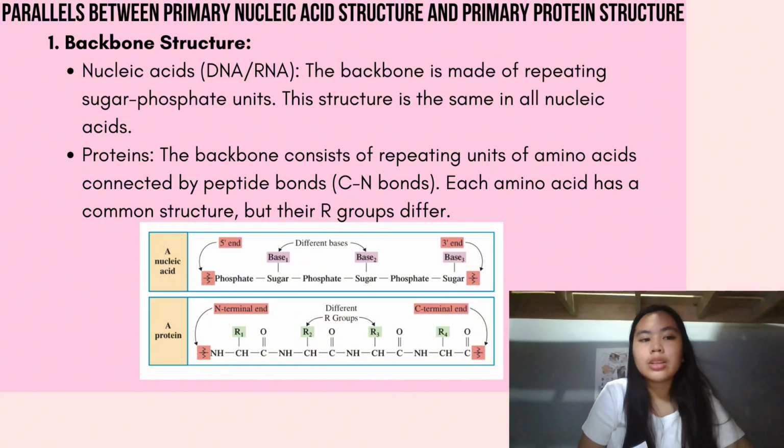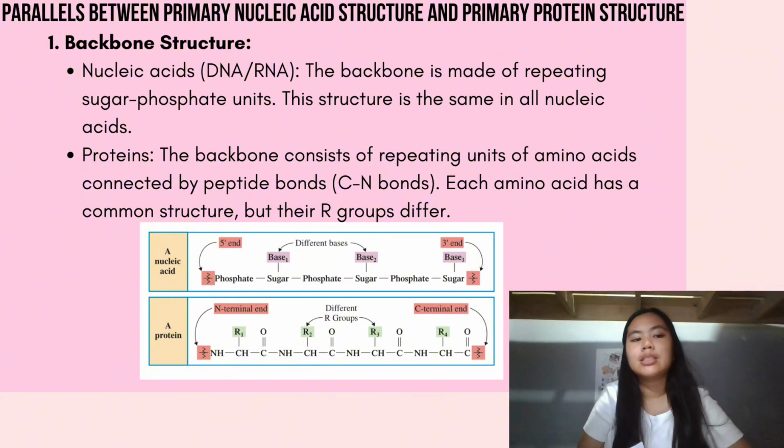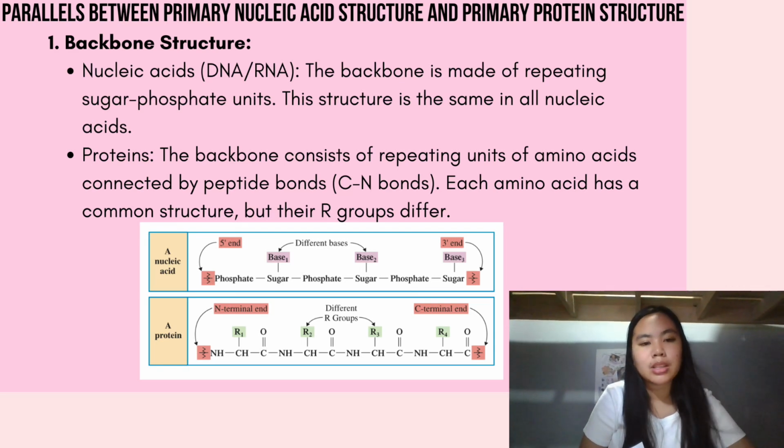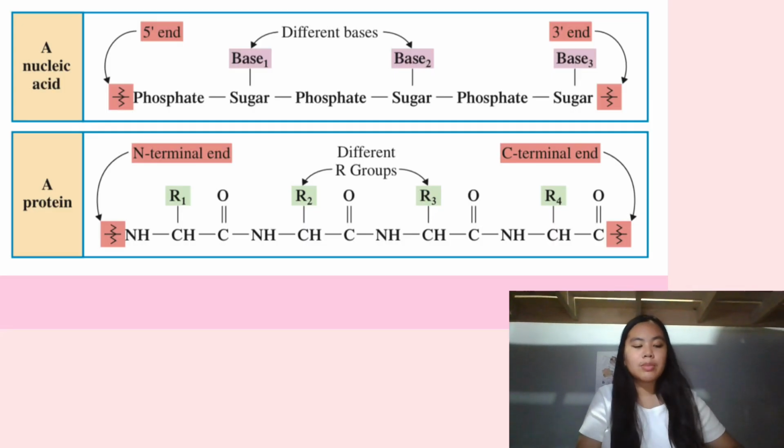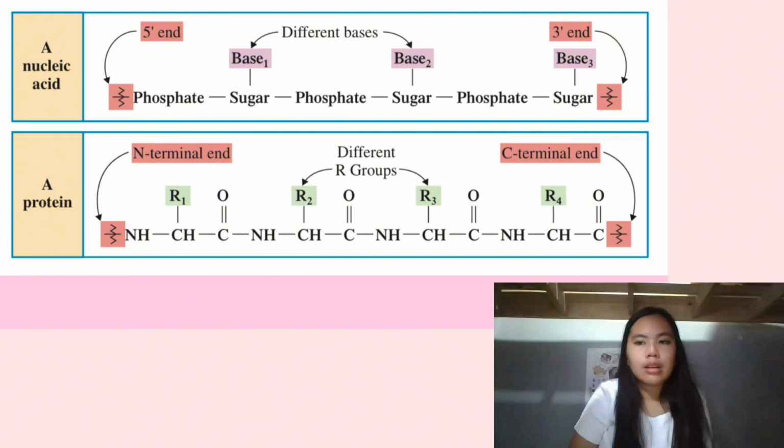In proteins, on the other hand, the backbone consists of repeating units of amino acids connected by peptide bonds. Each amino acid has a common structure, but their R groups differ, so they have similarities. The nucleic acids differ in their bases, while proteins differ in their R groups.